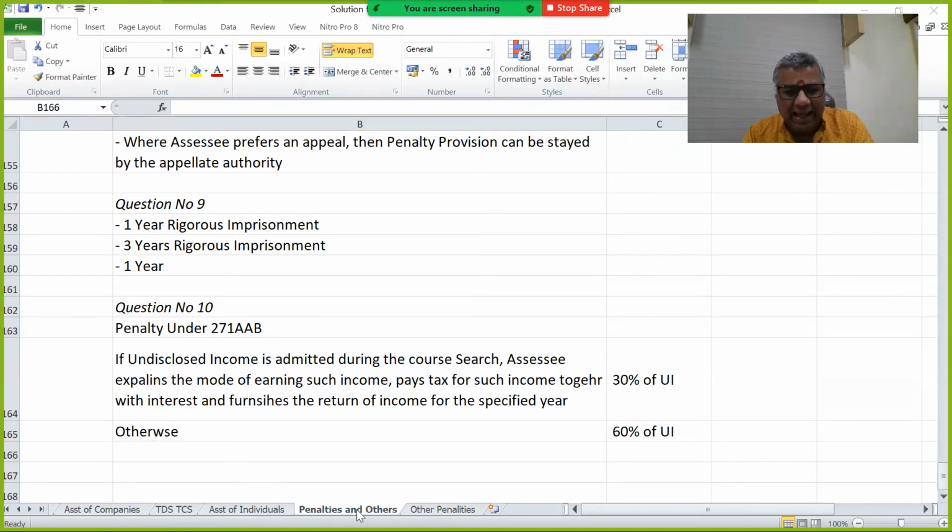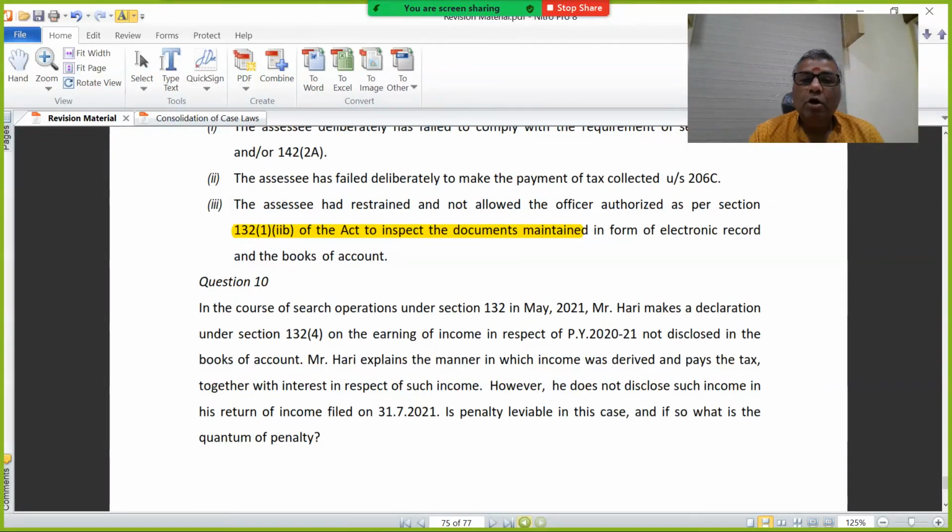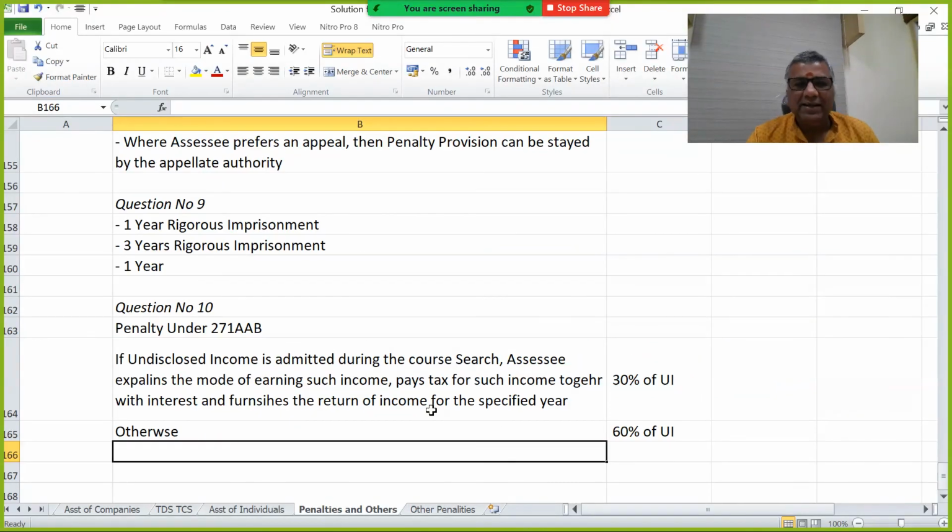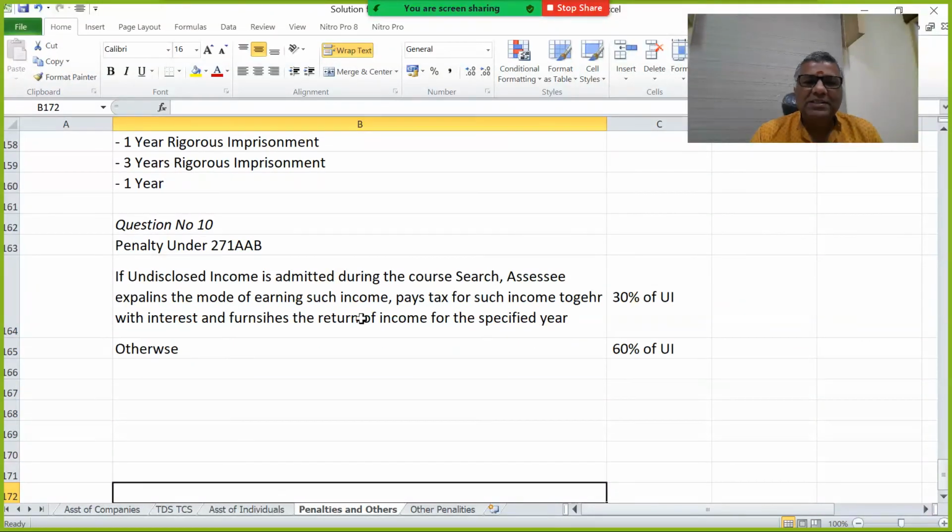So in this case, Mr. Hari explains the manner in which the income was earned, however he does not disclose such income in the return of income filed on 31/7. So it will be 60%. He has violated one condition, so it will be 60%.